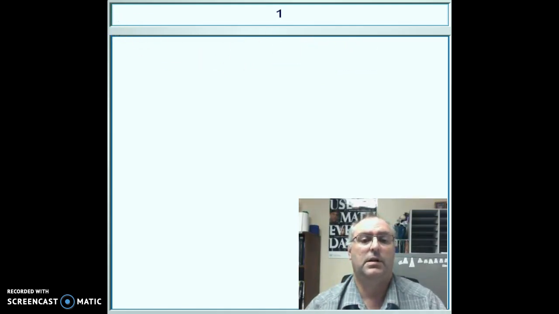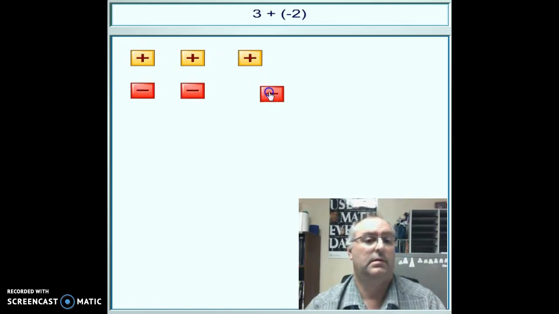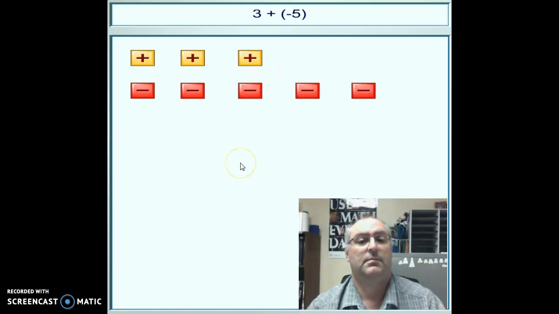Let's look at another example. Suppose we had 3 plus negative 5. Now again, we're going to combine all of the positive and negative tiles that we can.